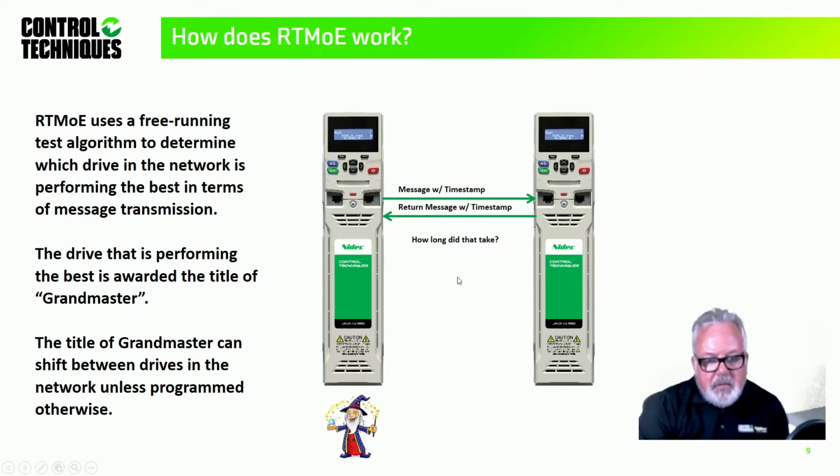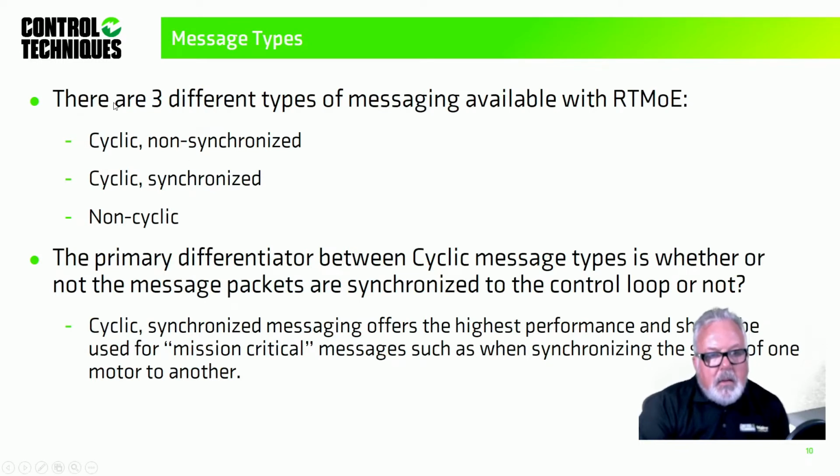So that's how the synchronization part works. It's purely based on time-based messages and who's doing the best in terms of sending and receiving networked messages. So there's 3 different types of messages available when you're using this protocol.